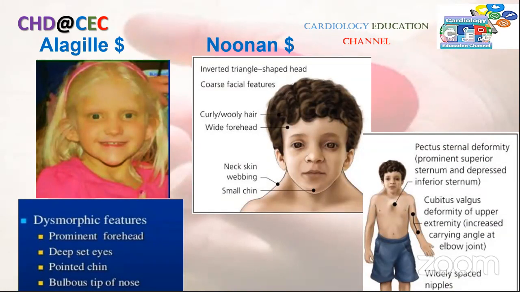The Noonan syndrome, the characteristic feature is the short stature, and some people call it a male Turner. It has an inverted triangle-shaped head, coarse facial features. It has a webbed neck skin and small chin, and also widely spaced nipples and the cubitus valgus deformity of the upper extremity.